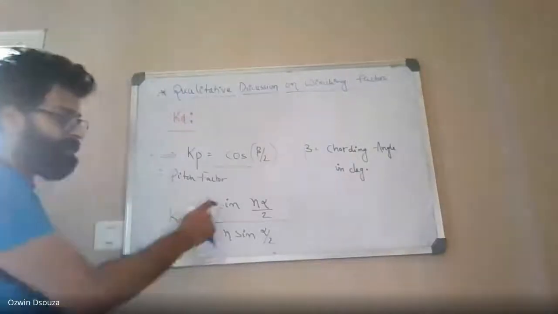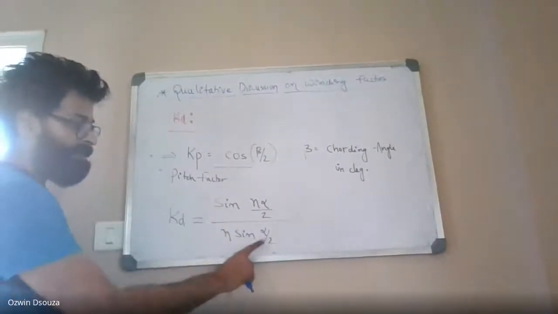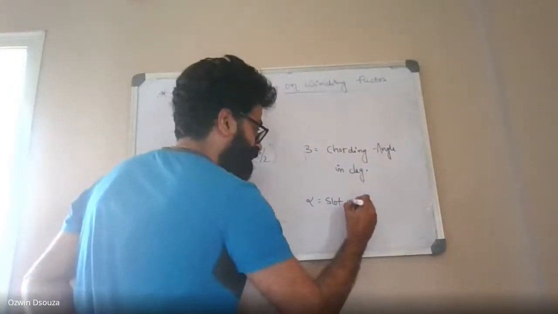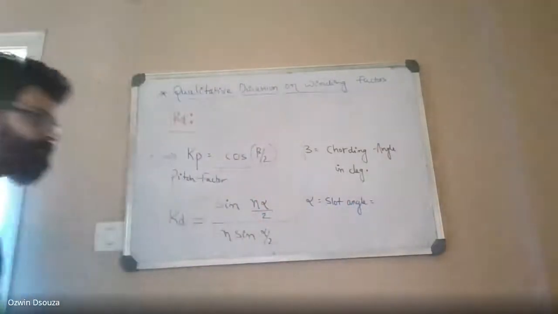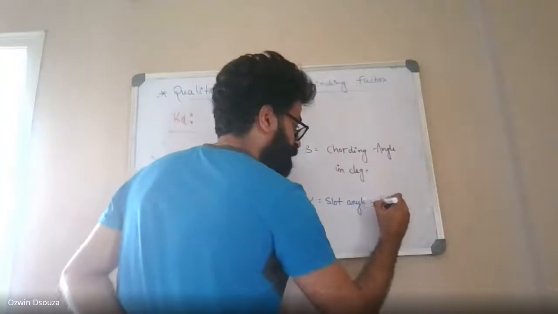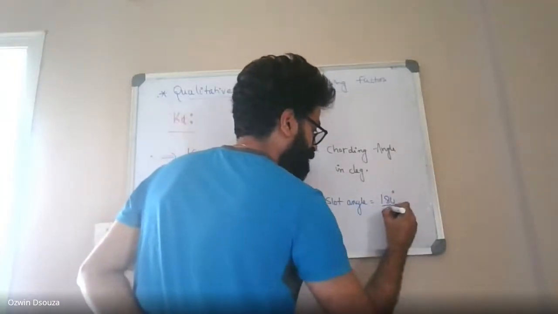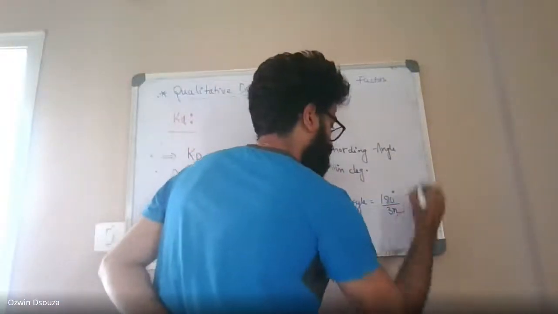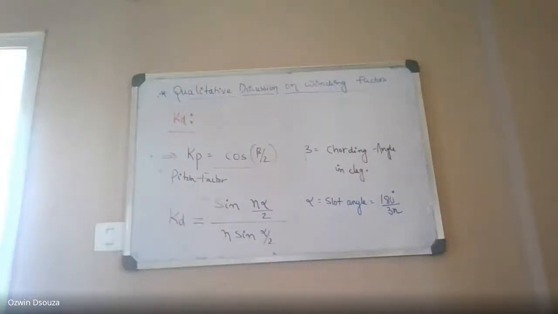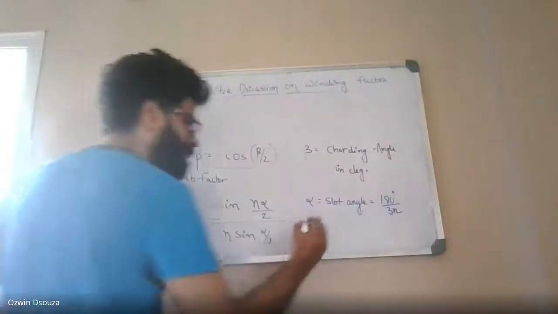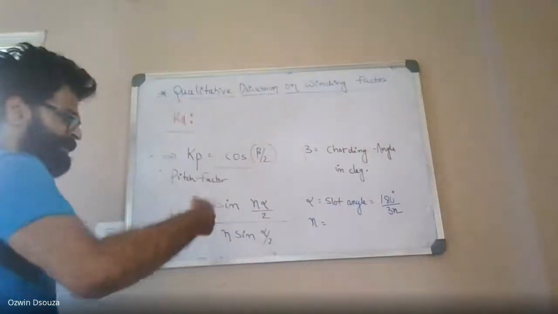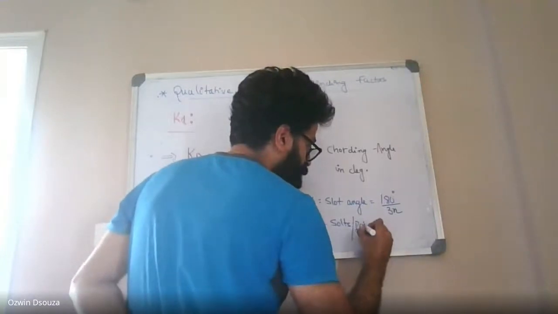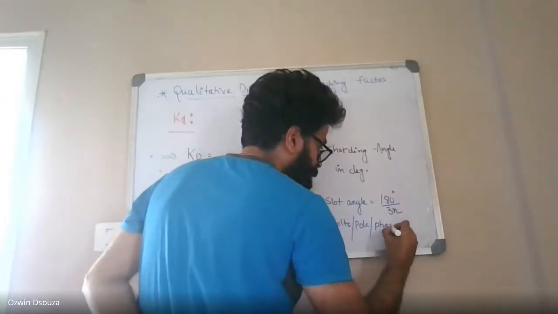So Kd is equal to sin n alpha by 2 divided by n into sin alpha by 2, where alpha is equal to the slot angle, which can be found as 180 degrees divided by 3n, and n is equal to slots per pole per phase.